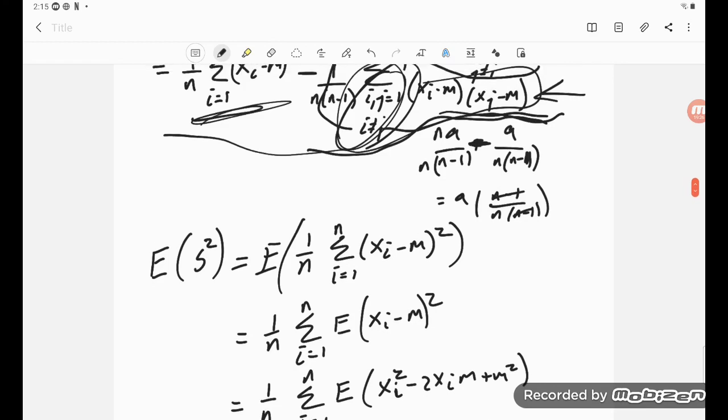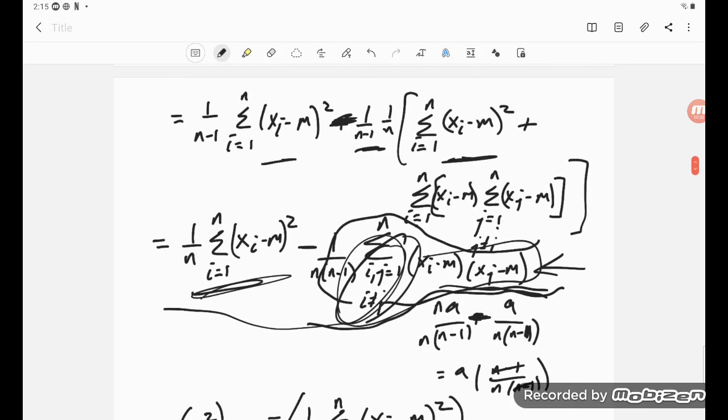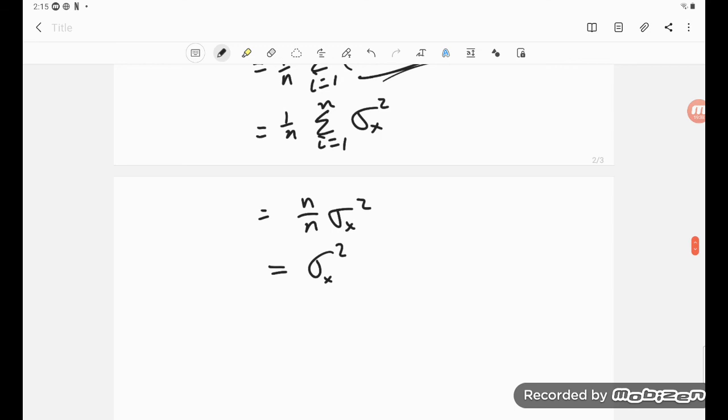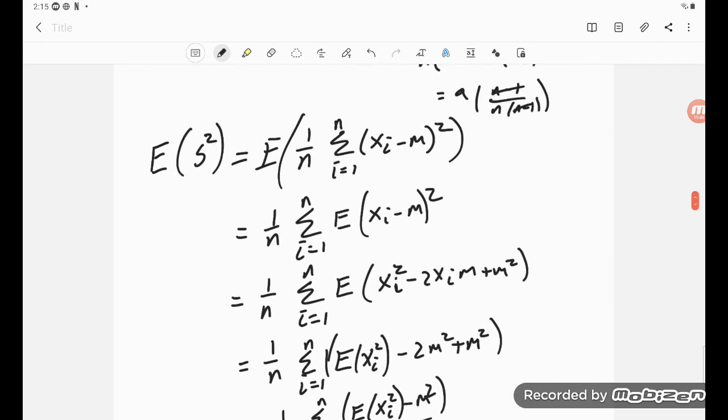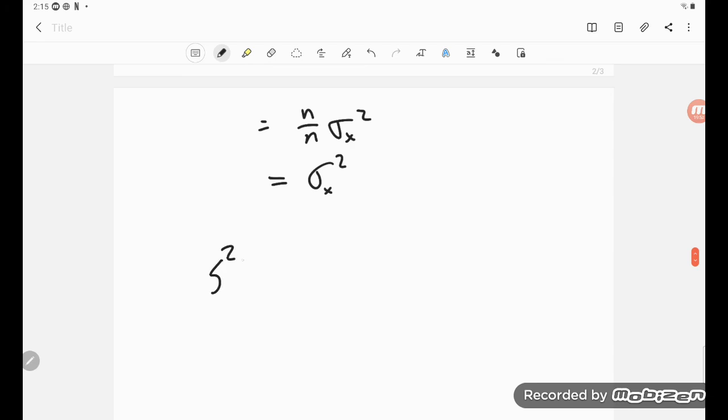So a lot of algebra on that, and some tricky things that went on, but overall, I thought it would be good to go through that whole thing and just see that indeed the expected value of this thing we call s squared, which is again s squared is the 1 over n minus 1 of the sum i equal 1 to n of the xi minus x bar squared.